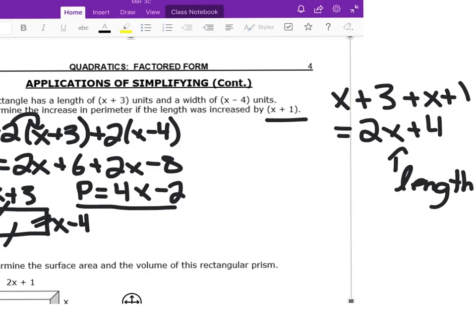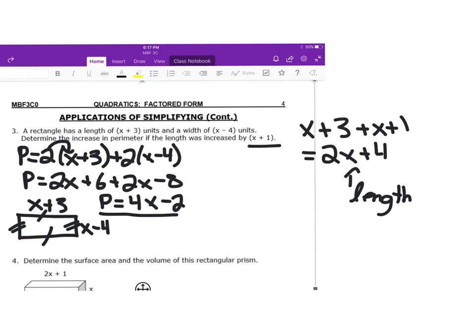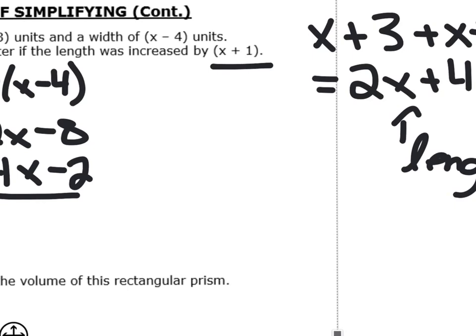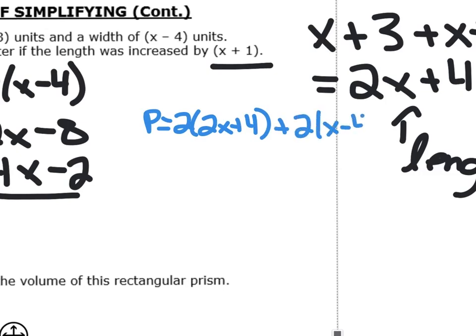So we're actually going to do the exact same thing as we did before, just with our new length. So we're going to go perimeter equals 2 times 2x plus 4 plus 2 times x minus 4. Again, distributive property here.